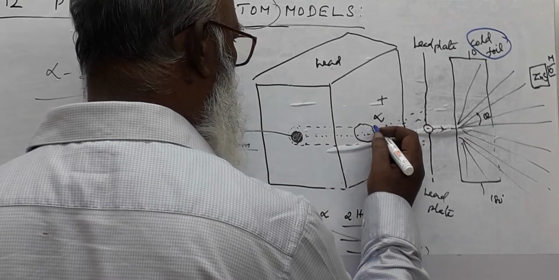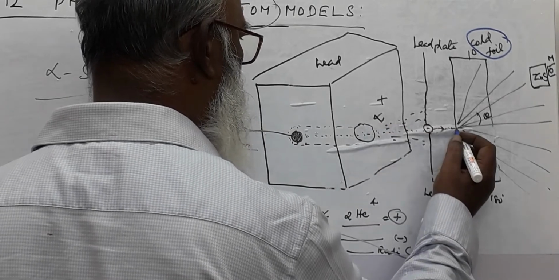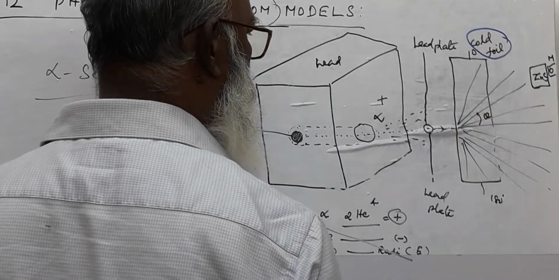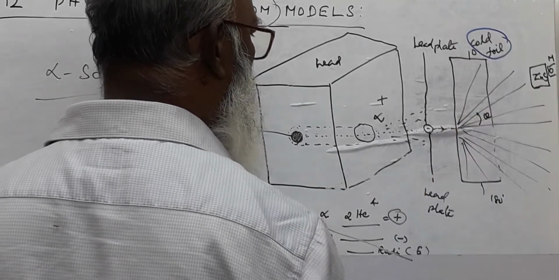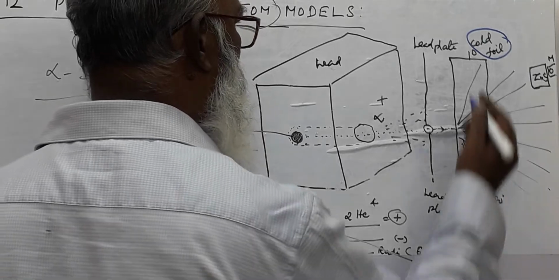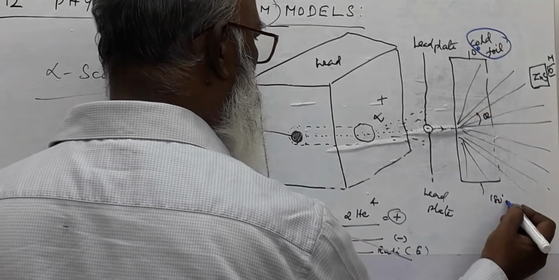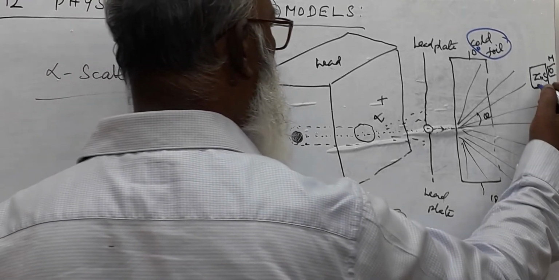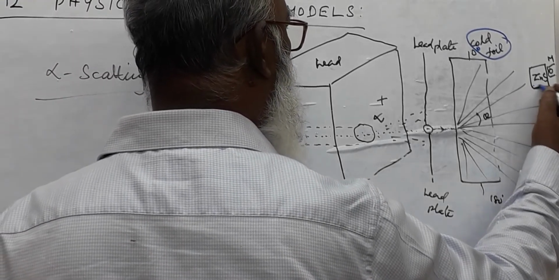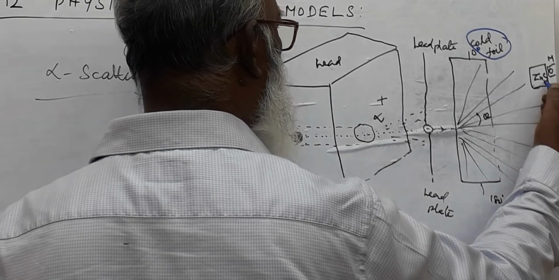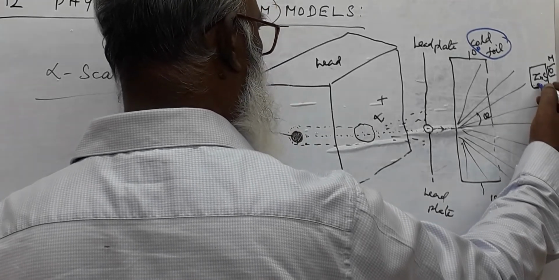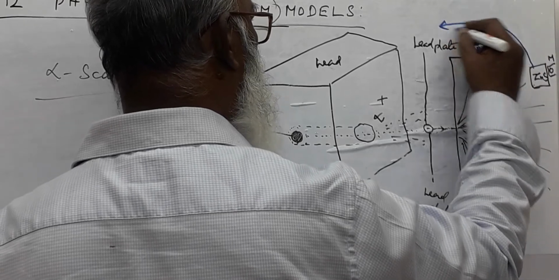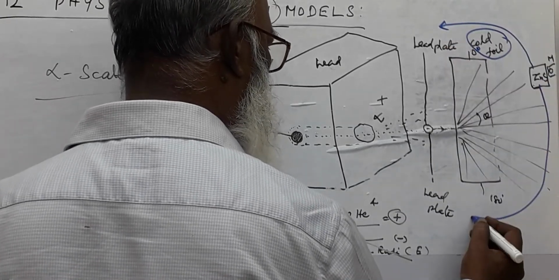Whenever this alpha particle hits the surface of the gold foil, it may be scattered in all directions from 0 degree to 180 degree. Now we have to fix a screen made up of zinc sulfide coating, which is capable of moving from 0 degree to 180 degree.